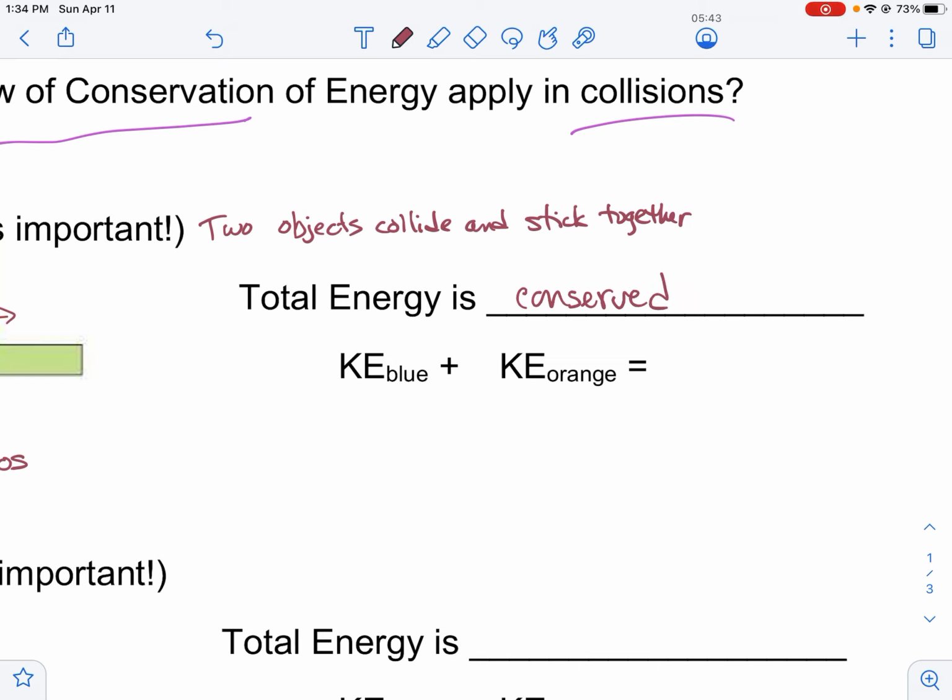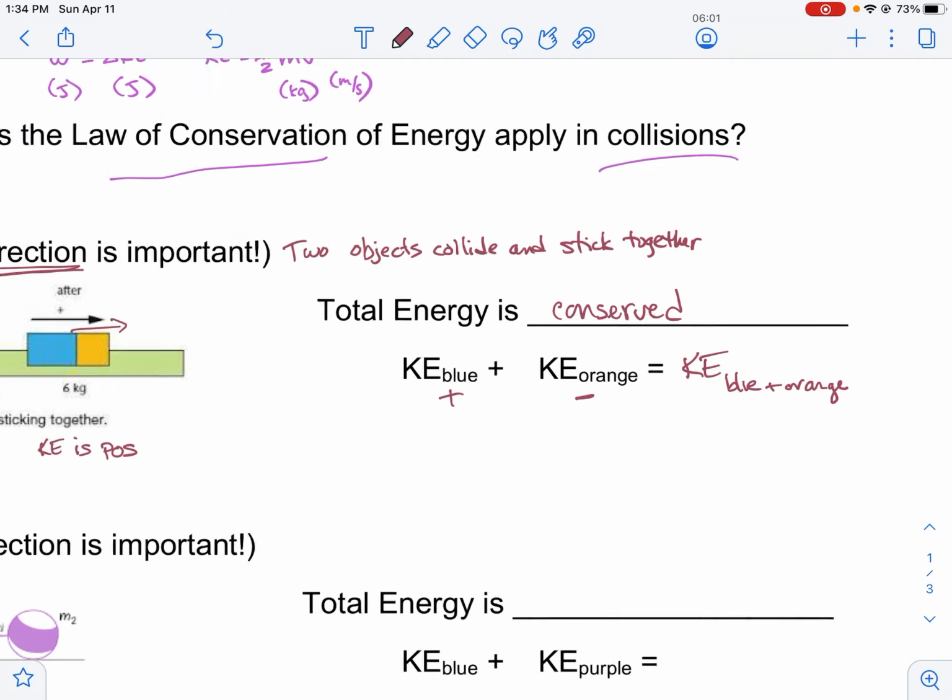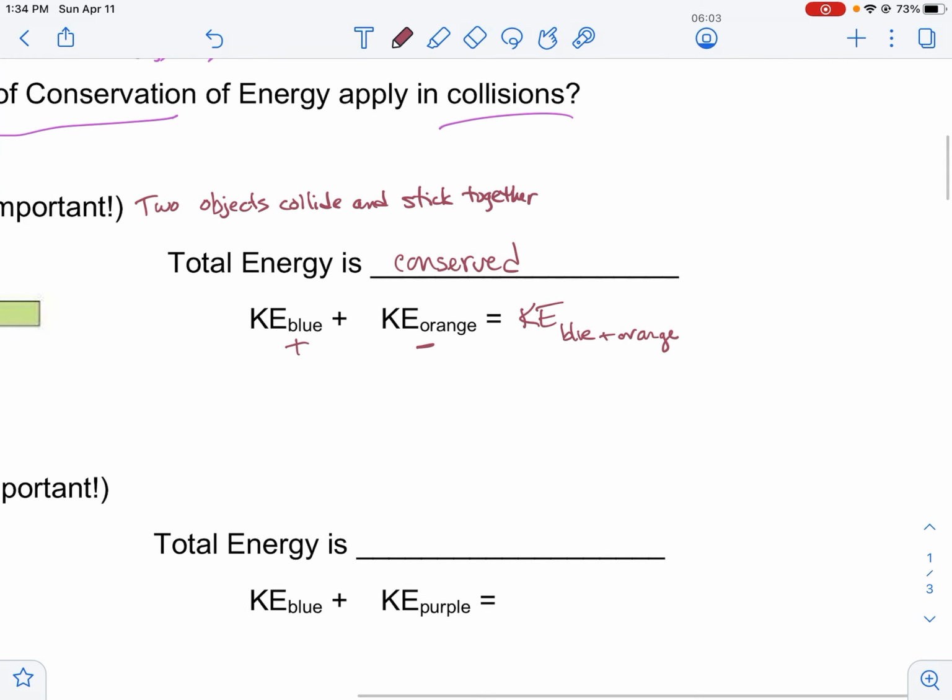So I take the positive energy of the blue box, the negative energy of the orange box, and I, after the collision, stick them together, so I've got the kinetic energy of the blue box plus the orange box, and this is also going to be positive because it's going in the positive direction.